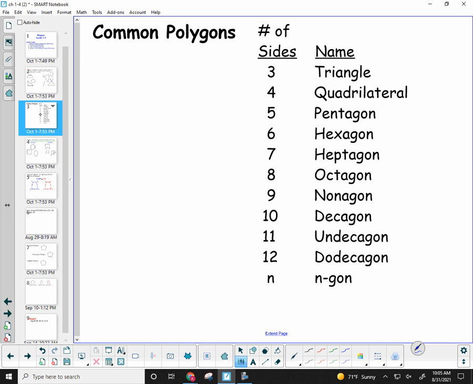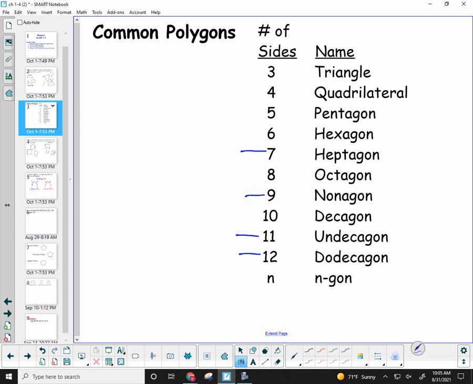A 3-sided polygon is called a triangle. A 4-sided one is a quadrilateral. Some that are not always recognized: 7 is heptagon, 9 is nonagon, 11 is endecagon, and 12 is dodecagon. Those 4 are the wonky ones that people don't always know. The others people usually know.